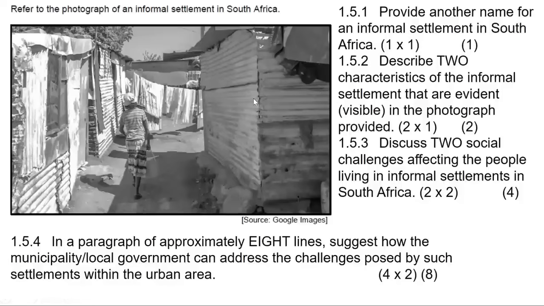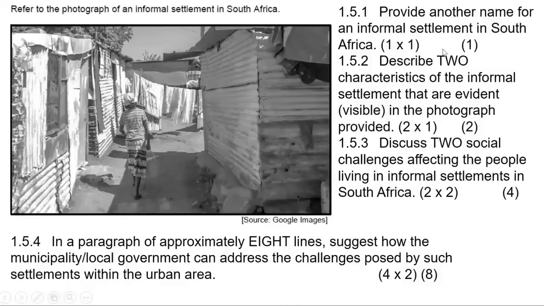When you look at this question here, it is similar to that question. Here it says, what is the other name for informal settlement in South Africa? Provide another name for informal settlement in South Africa, and describe two characteristics of informal settlement that are evident.